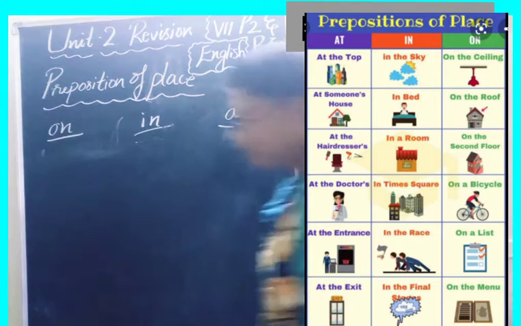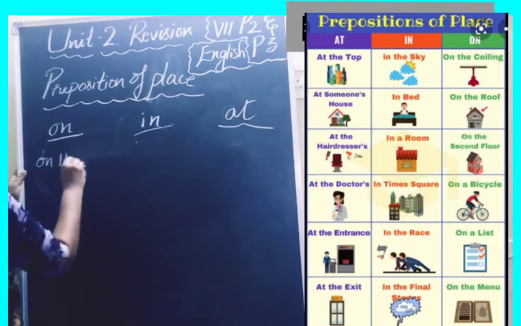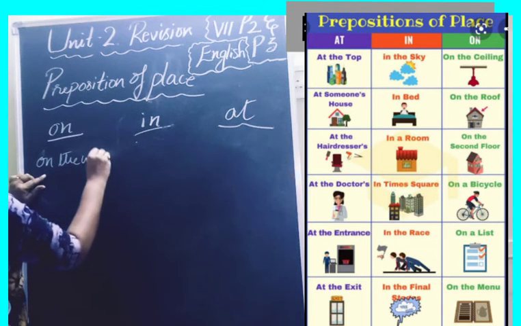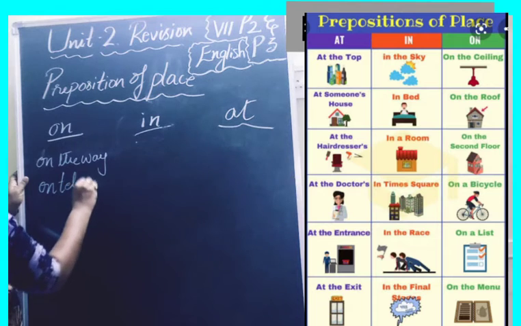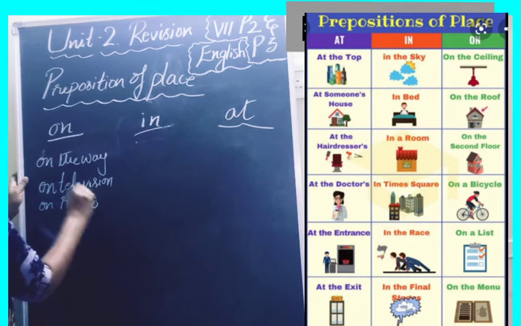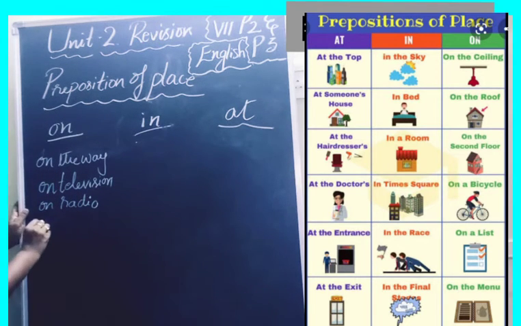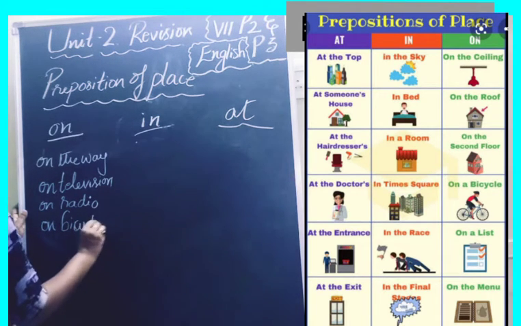Okay, but when do we use on? Now, for placement, you can say on the way. I'm on the way. Placement I'm talking now. It's on television. I'm watching a movie on television, not in television. On radio. You should use on radio. Okay? On. I'm on a bicycle. She's sitting on, she's riding on a bicycle.